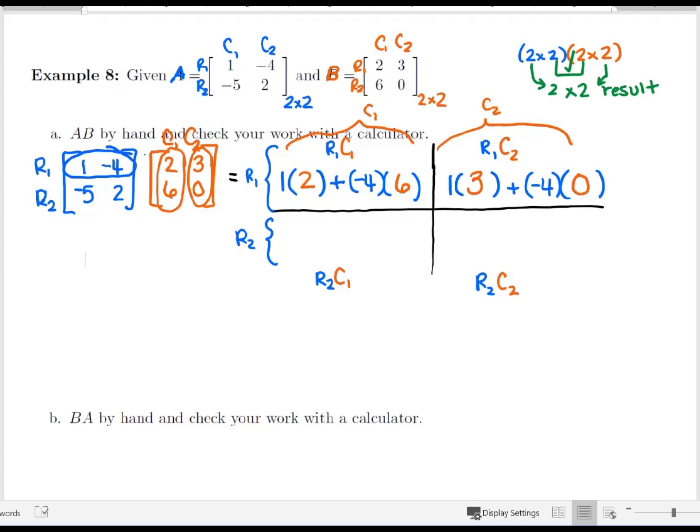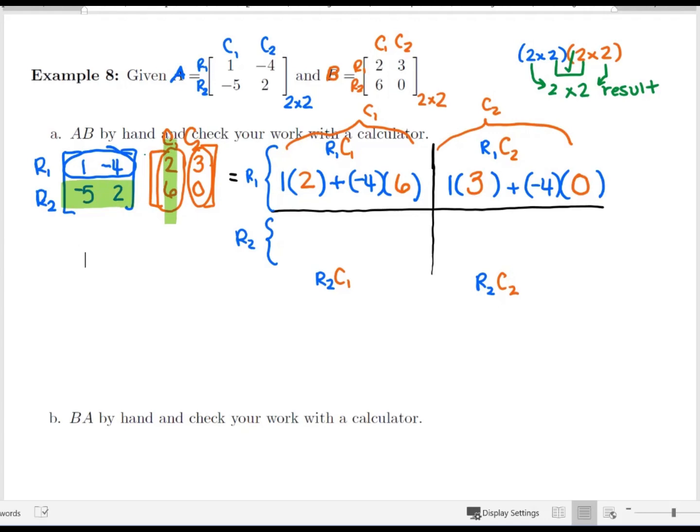Because we have taken row 1 times both column 1 and column 2, we've gone all the way through the B matrix, the orange matrix, we're done with row 1, which means we need to go to row 2. RC COLA, we're going to take row 2 times column 1.